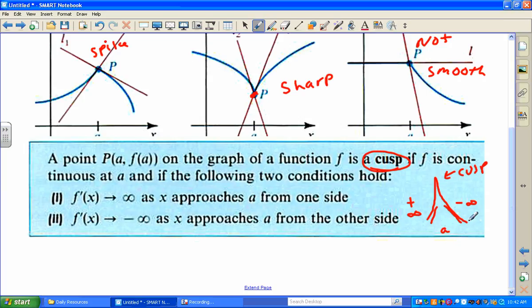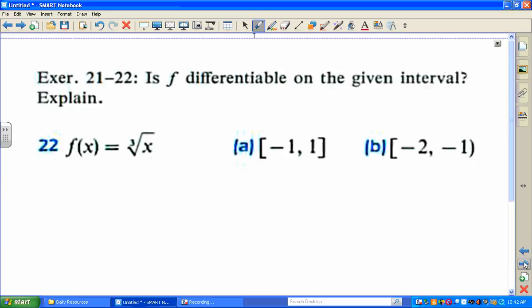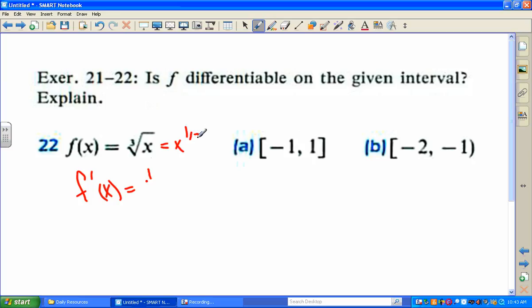Okay? So we might try a few of these. Is f differentiable on the given interval? This means take the derivative, f prime of x. Think of this as x to the 1/3, by the way.